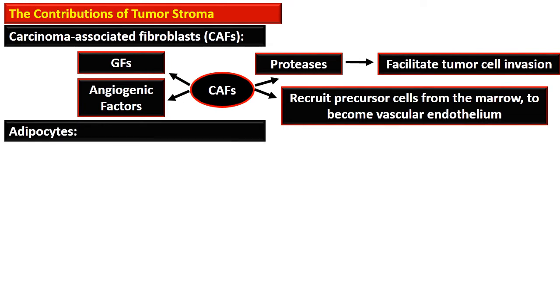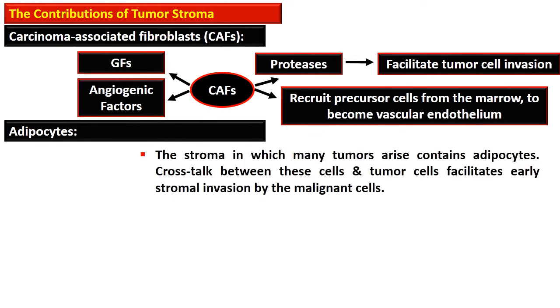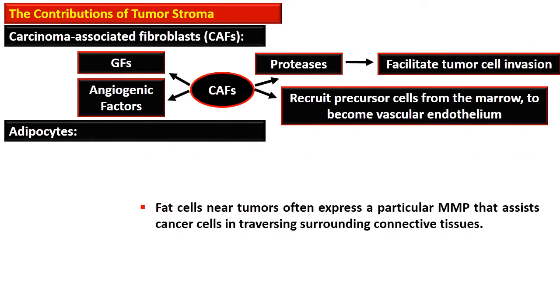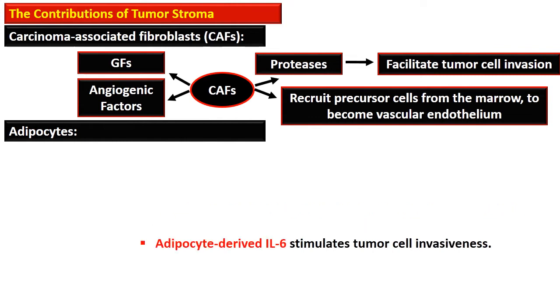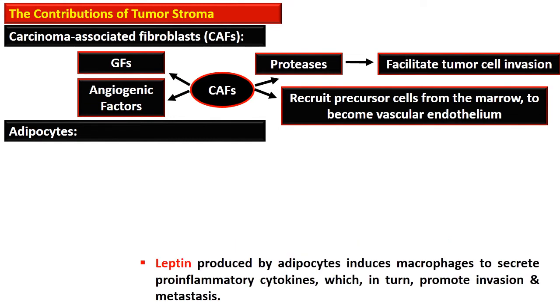Adipocytes also contribute in the tumor stroma, and they are also responsible for the crosstalk between the tumor cells, and they facilitate early stromal invasion by the malignant cell. The fat cell near the tumor often expresses a particular matrix metalloprotease that assists cancer cells in traversing surrounding connective tissue, and adipocyte-derived interleukin 6 stimulates tumor cell invasiveness.